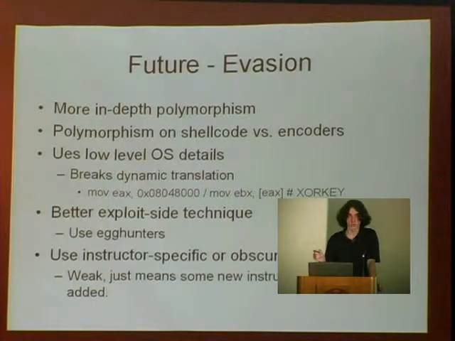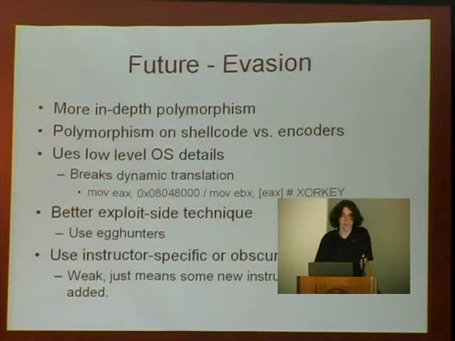Now you know what it's going to be every single time, but the dynamic translator is dumb. It doesn't understand anything about operating systems or common memory space layouts. So this can essentially bypass dynamic translators, because they're too dumb to know anything about the memory space layout.